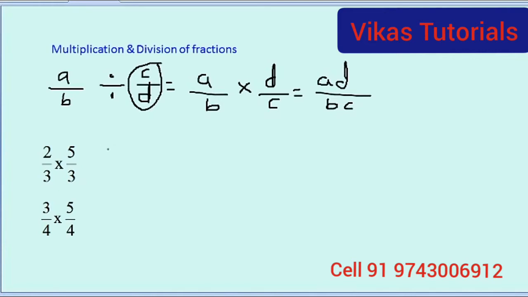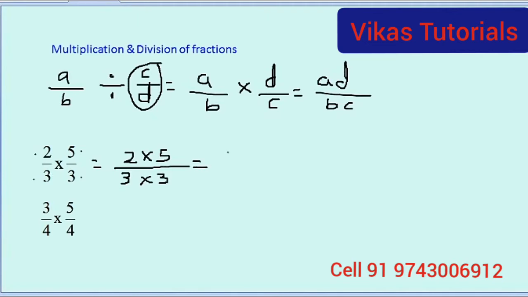Okay, now let's solve some examples. Here it is 2 by 3 multiplied by 5 by 3. Okay, so what we have to do, first multiply the numerators, 2 into 5, divided by the denominators, 3 into 3.